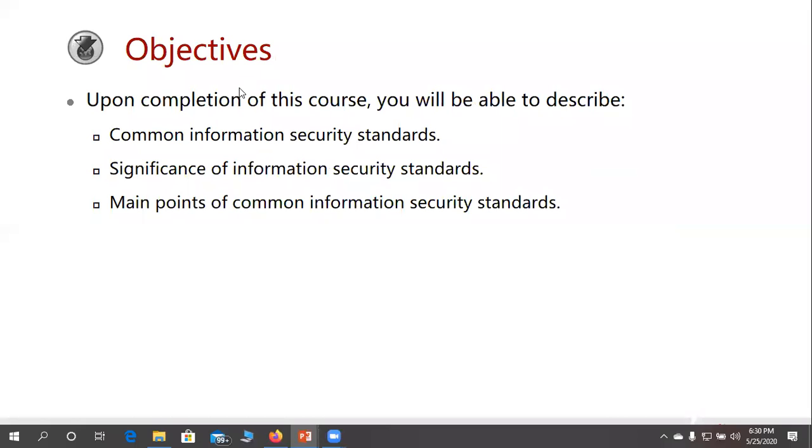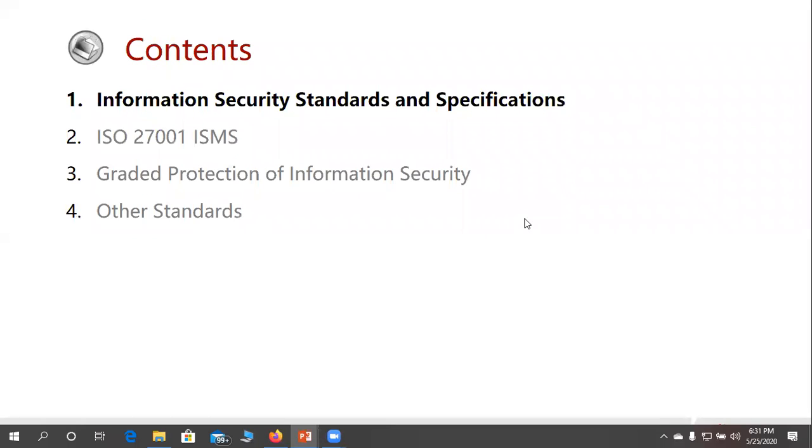Okay, so upon completion of this course, you'll be able to describe common information security standards, describe the significance of information security standards, and also describe many points of common information security standards. This is our content.